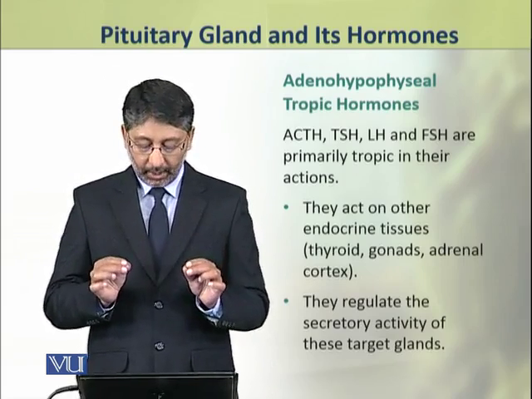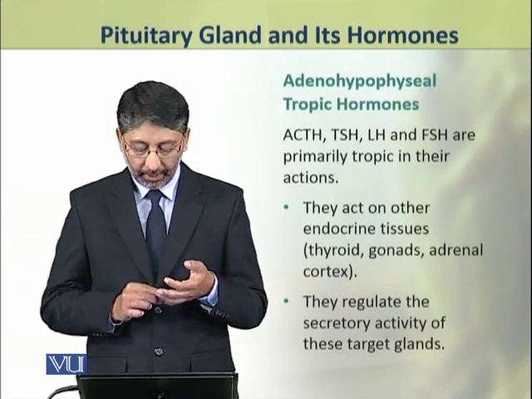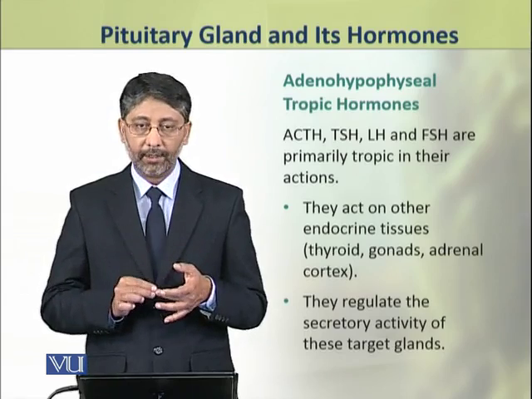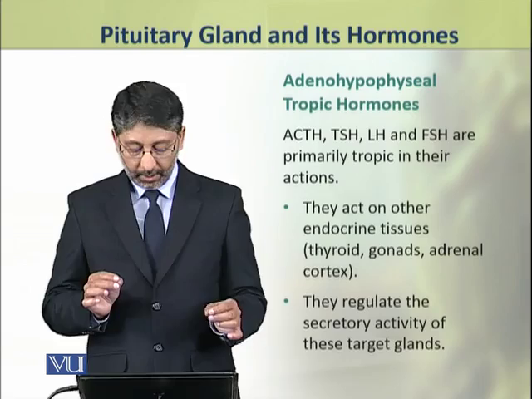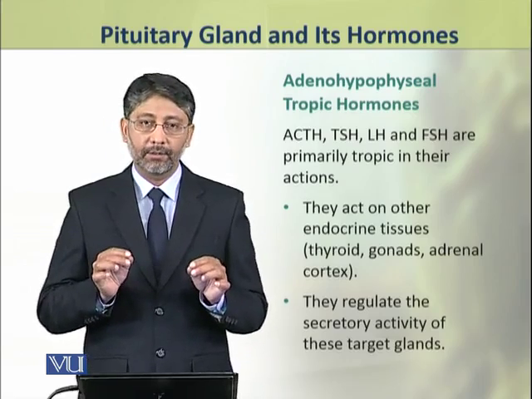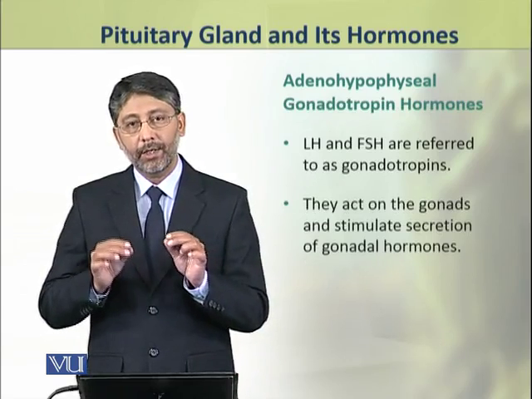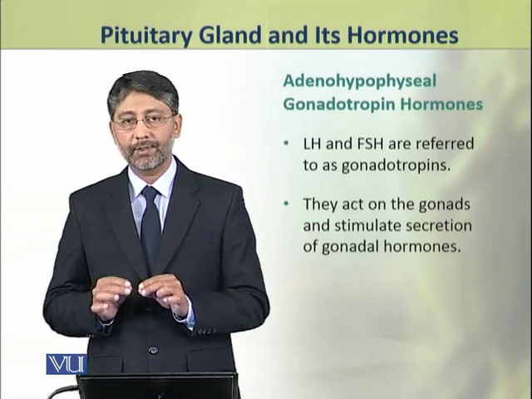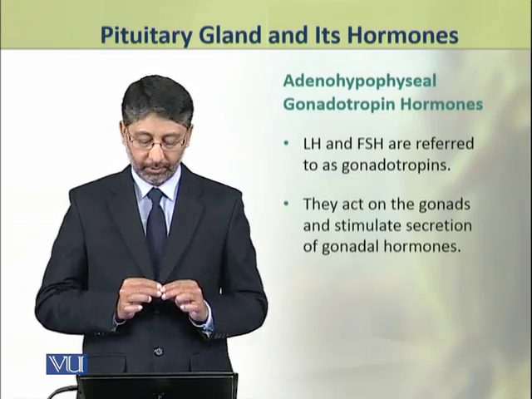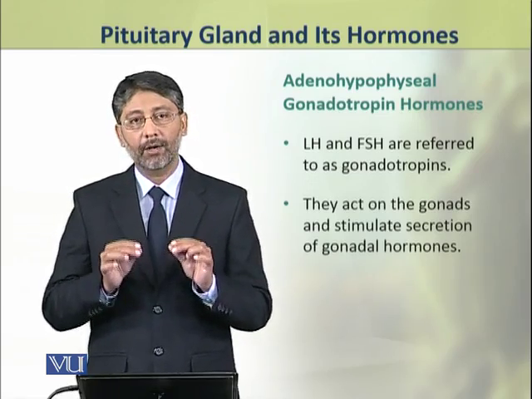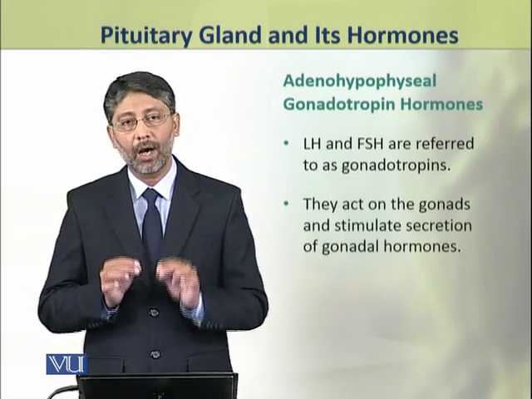They act on other endocrine tissues, that is, thyroid, gonads, adrenal cortex, and regulate the activity of these target glands. The luteinizing hormone and follicle stimulating hormone are called gonadotropin hormones. They act on gonads and stimulate the secretion of gonadal hormones.